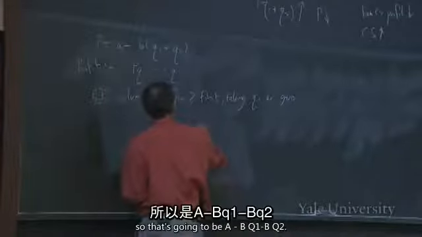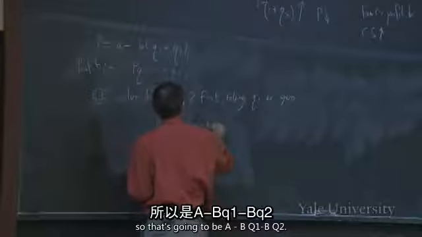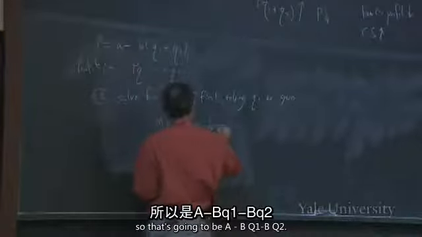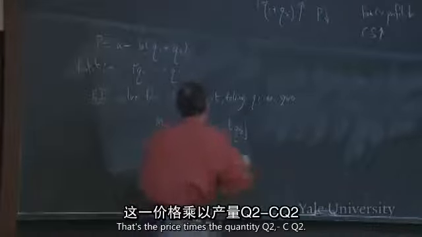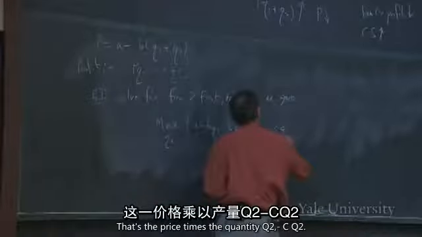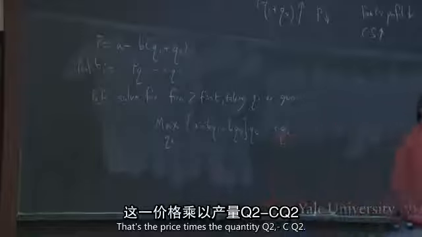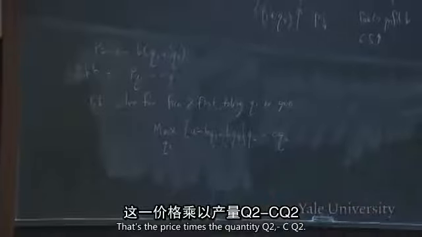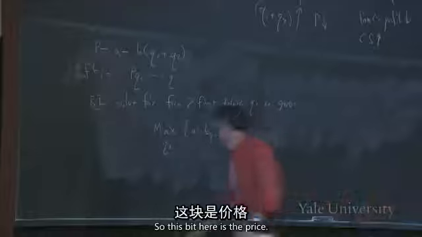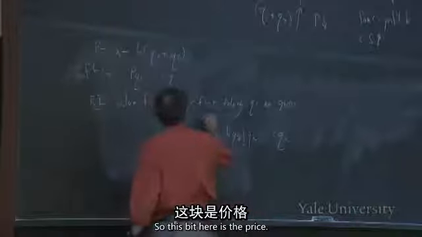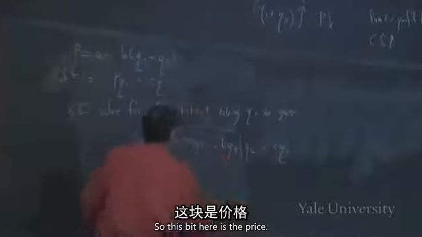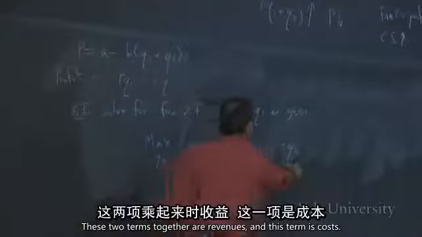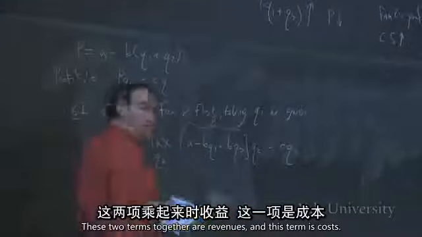So that's going to be A minus B Q1 minus B Q2, that's the price, times the quantity Q2, minus C Q2. So this bit here is the price, these two terms together are revenues, and this term is costs.